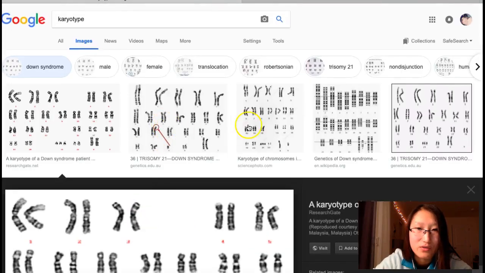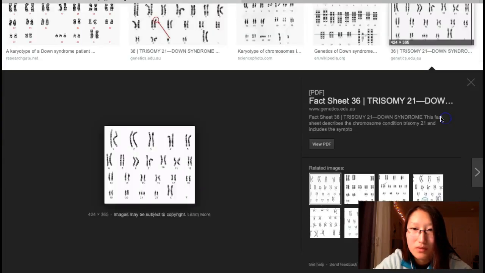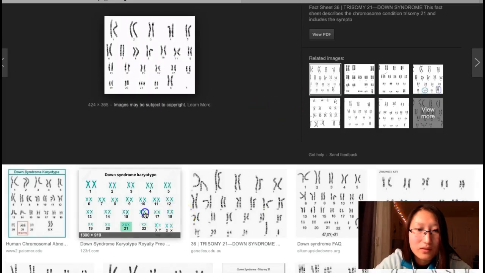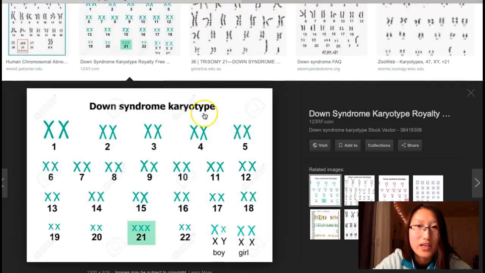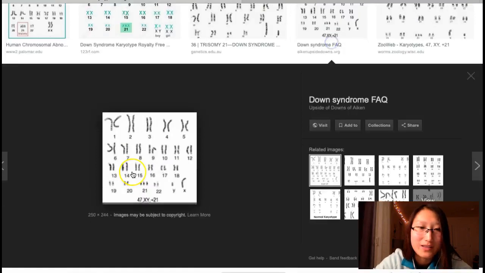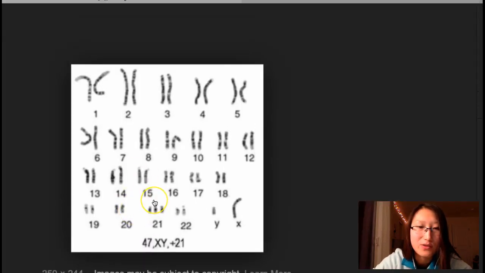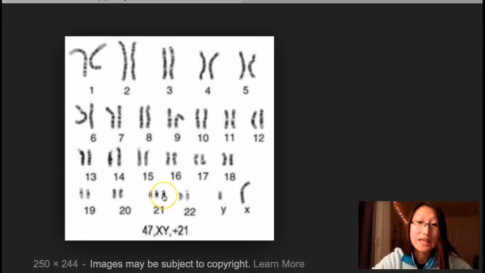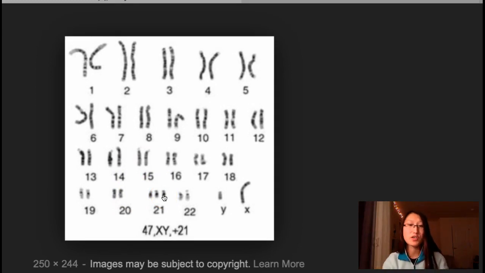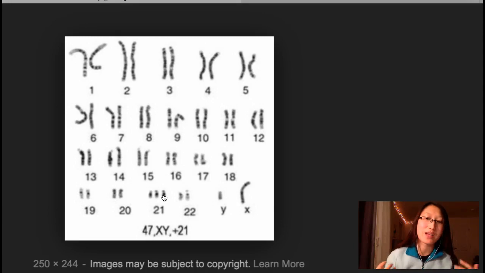This is not Down syndrome. Extra chromosome number 21, okay? So it will look something like this, this is a better one. Extra chromosome 21. Then I can give you a description of all different kinds of syndromes, but if the information tells you that non-disjunction results in an extra chromosome 21, you would match it with this karyotype right here.